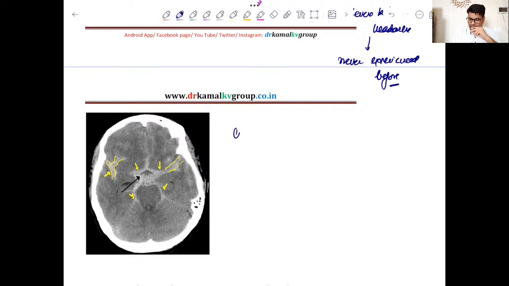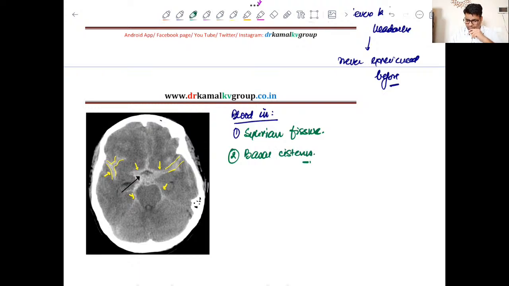Number one, of course, this is related to collection of blood. So blood in number one is Sylvian fissure, right? So first thing you have to understand, blood is in Sylvian fissure, and second, the blood is in the basal cisterns, right? So blood is accumulating in the basal cisterns, right? Basal cisterns.